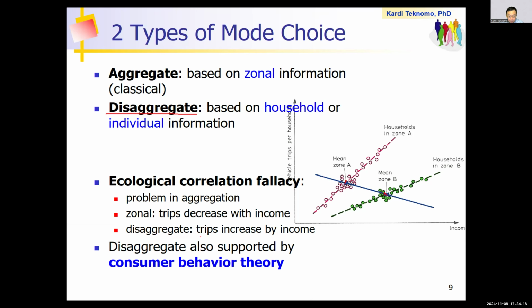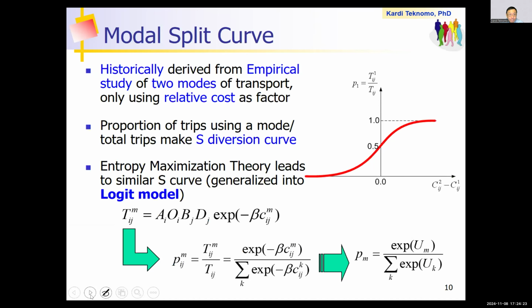Now, once you have the value from the trip distribution, then you can use the Logit model from a while ago.